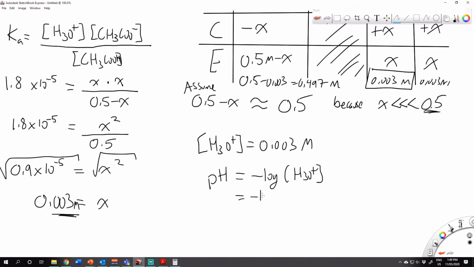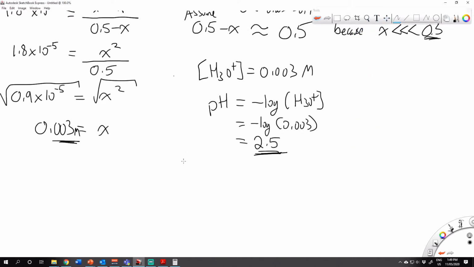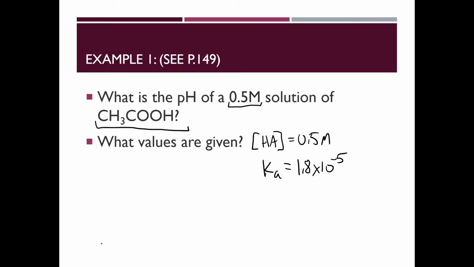So this will be negative log of 0.003, and that will get us 2.5. There you go. So the pH of 0.5 molar acetic acid is going to be about 2.5. Which is about right. Vinegar usually has a pH of around between 2 and 3, depending on the concentration of it. Next example then.